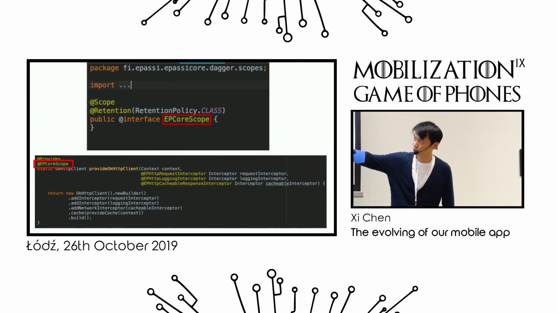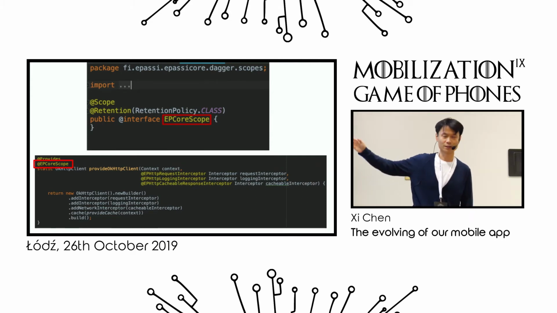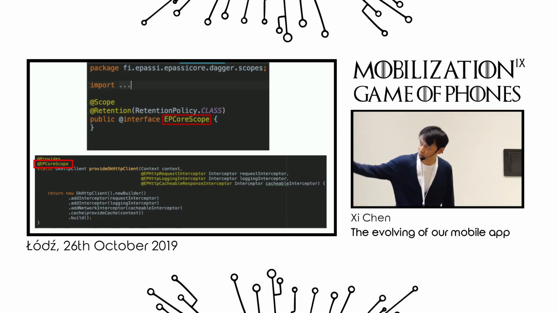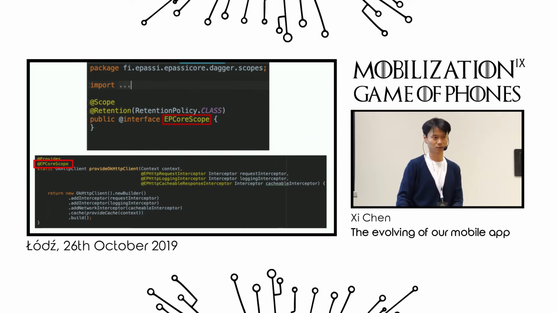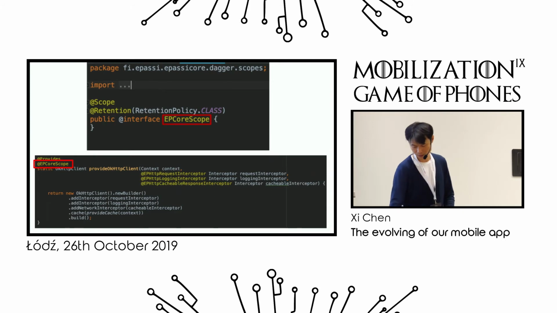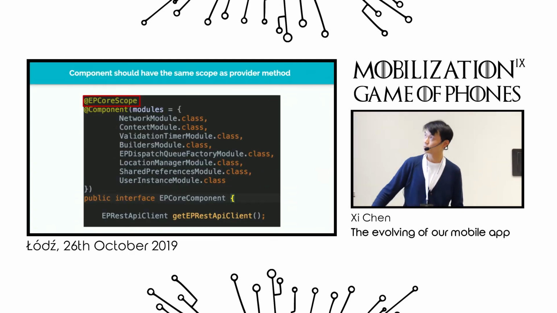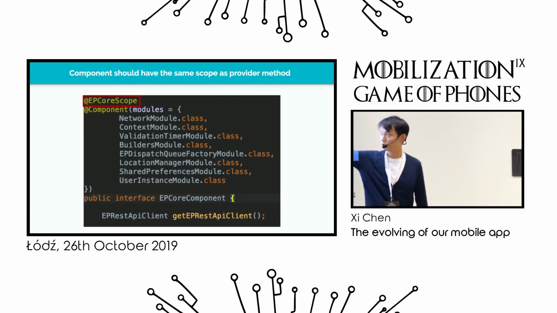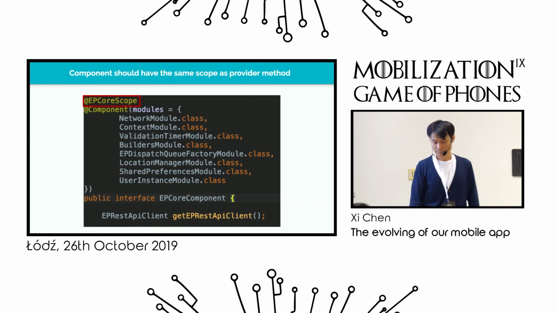Inside the module, we have several provider functions. We want to scope the objects provided by that function, so we annotate it with the same scope. But if we only have this, the scope has no meaning at all to the app. We have to also use the same scope for the component. Only then does it make sense.